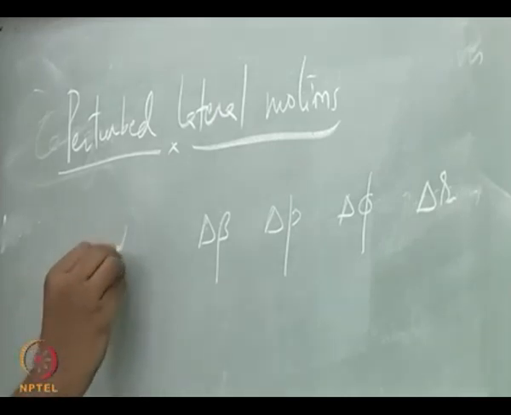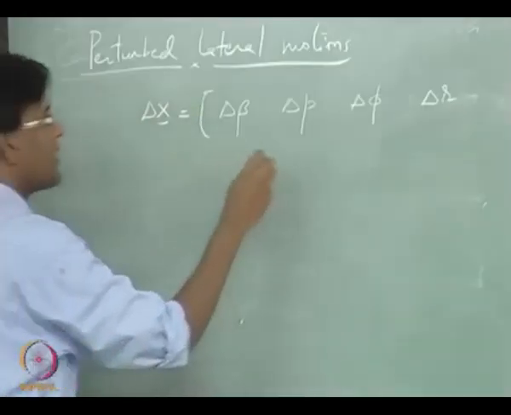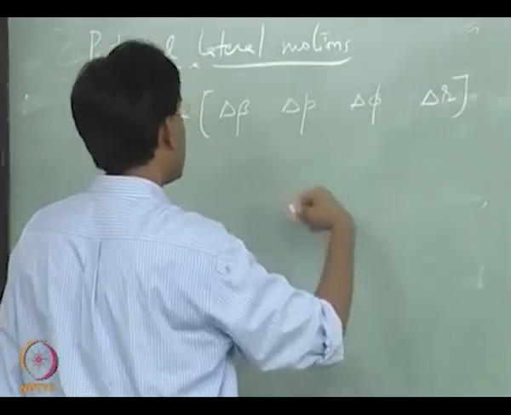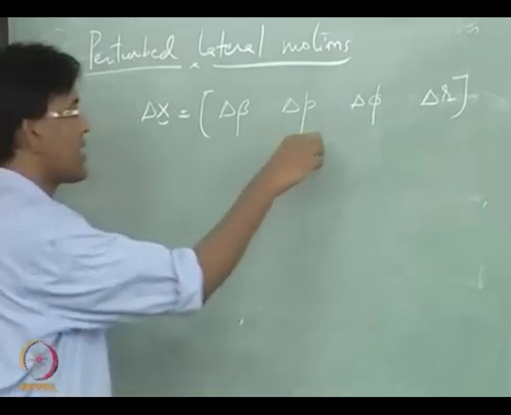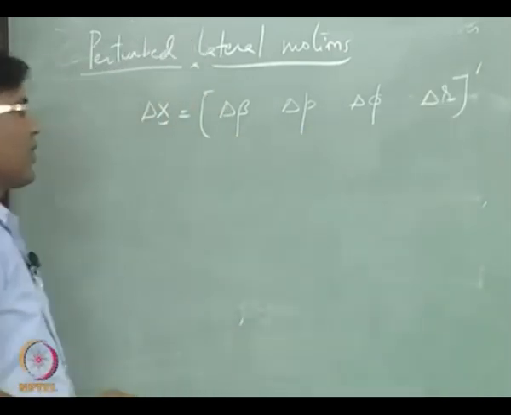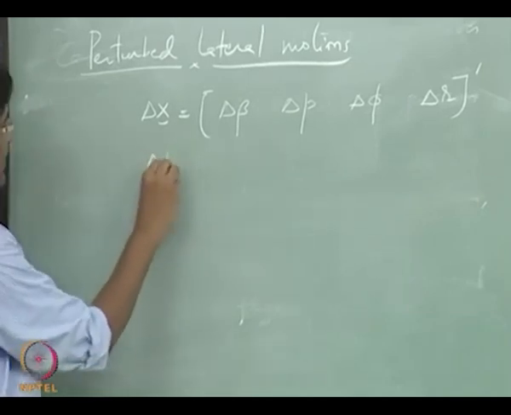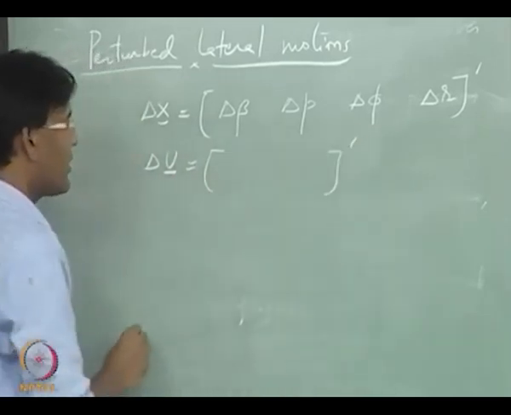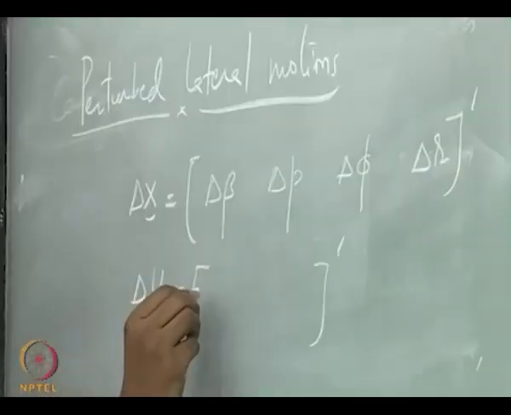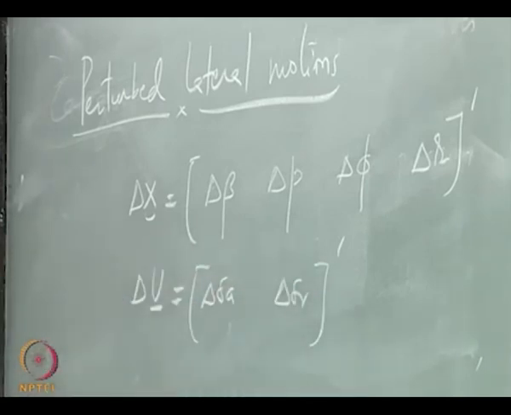So my perturbed state variable vector is now consisting of these 4 variables, and the control vector is consisting of perturbation in aileron and perturbation in rudder, right.